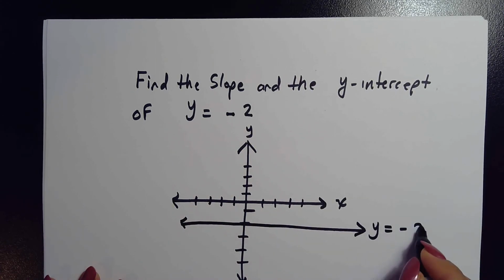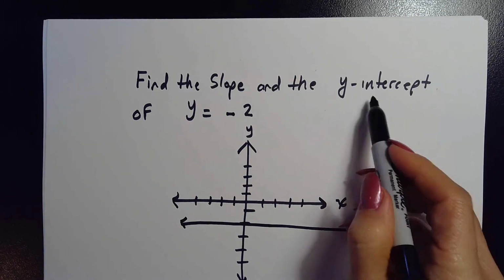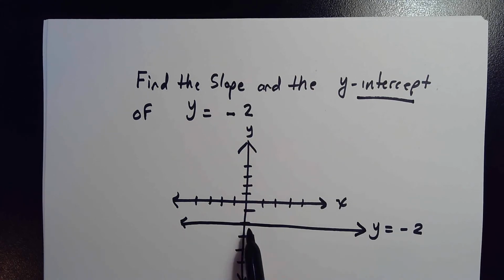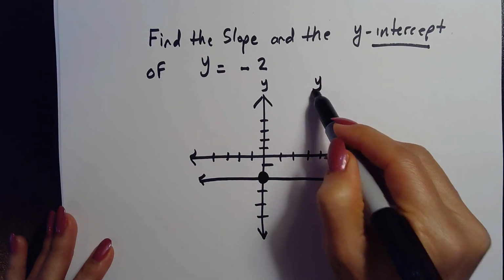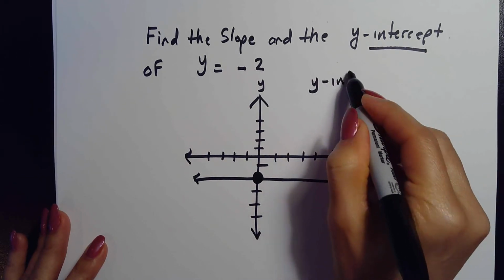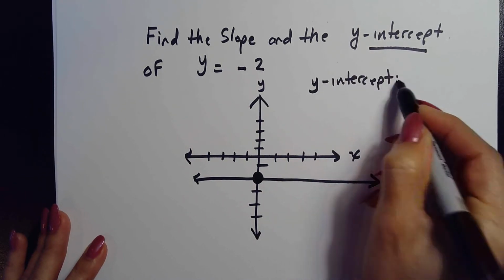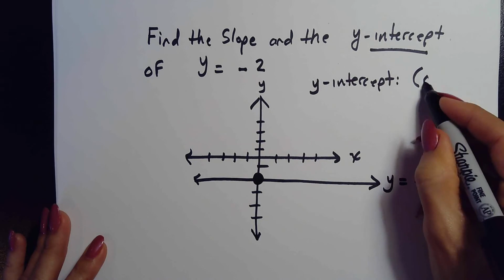So to find the y-intercept, that's easy to see because that's going to be this point right here where the graph is going to cross the y-axis. So the y-intercept, I'm going to write it here, is the point (0, -2).